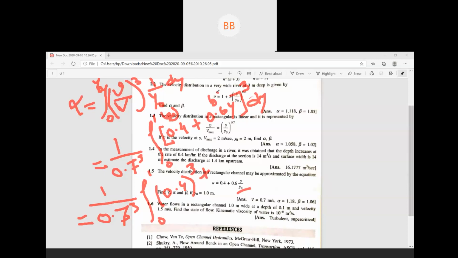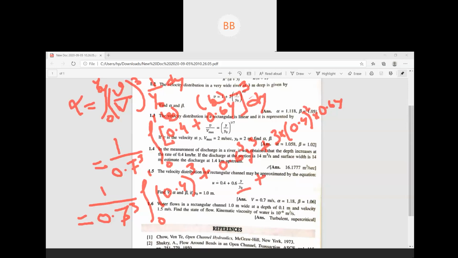So a cube plus b cube, that is 0.6 whole cube, and then y cube. Plus 3 multiplied by a square, that is 0.4 whole square, multiplied by 0.6 y. Don't confuse, this is multiplication.